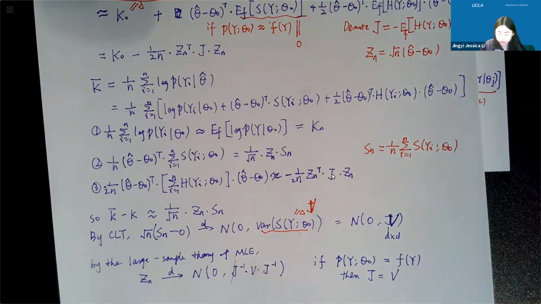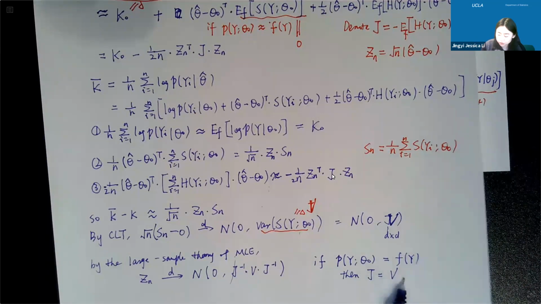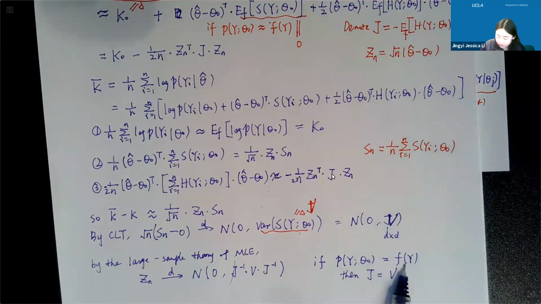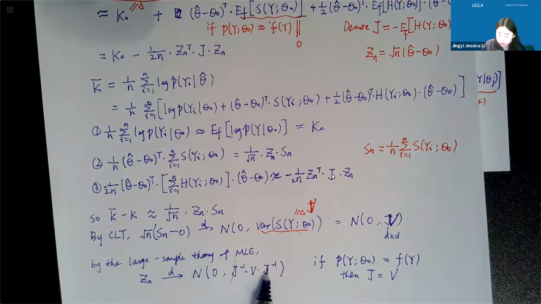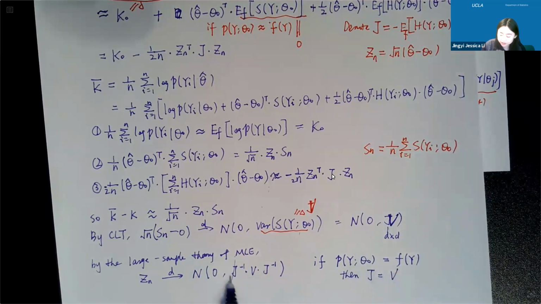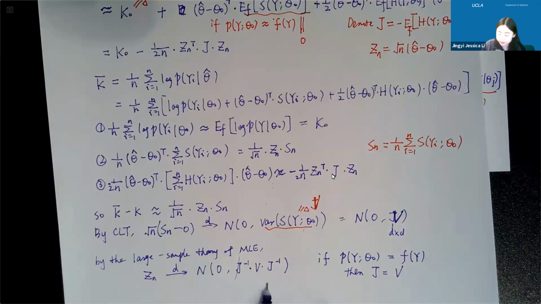That's good for us. But here, we're not making that assumption, so we just keep the general form. Whenever this is not the true density, we would have this. Okay, so this is the general result for the asymptotic distribution of the MLE.